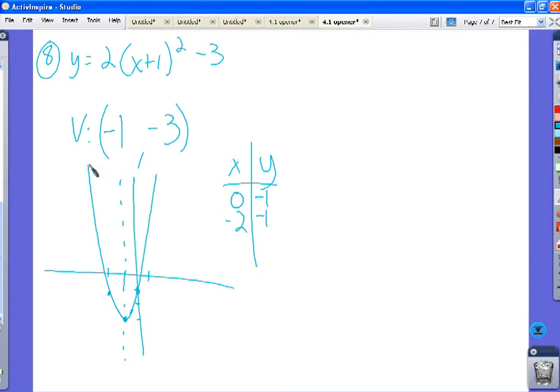I bet whoever came up with parabolas was really frustrated. There's so much stuff to remember. They didn't look at it as memorizing, they looked at it as, I understand why. They're a mathematician. Did they get paid to figure out these formulas? No, probably not.